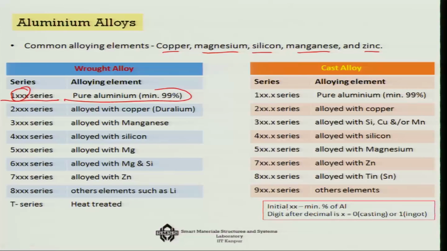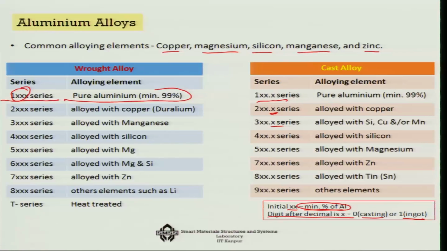The initial digits indicate the percentage of aluminum, and sometimes you will see an XXXX.X series. When you buy it from the market, if the digit after the decimal is 0, that means it is for casting, and if you see 1, that means it is ingot. So, that is the way of depicting various grades of aluminum.